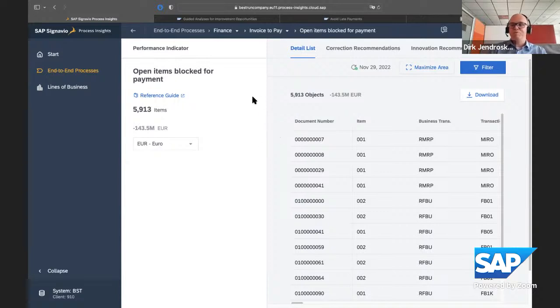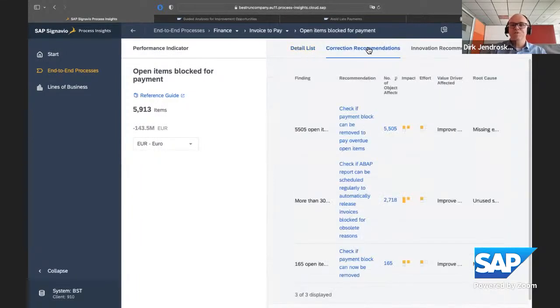And this is why we implemented the recommendations. And you see here on the top, we have innovation recommendations, but we also do have correction recommendations. Innovation recommendations would be things where you can be using new functionality, new products, and fix things more on the midterm. Correction recommendations is for short-term fixes.